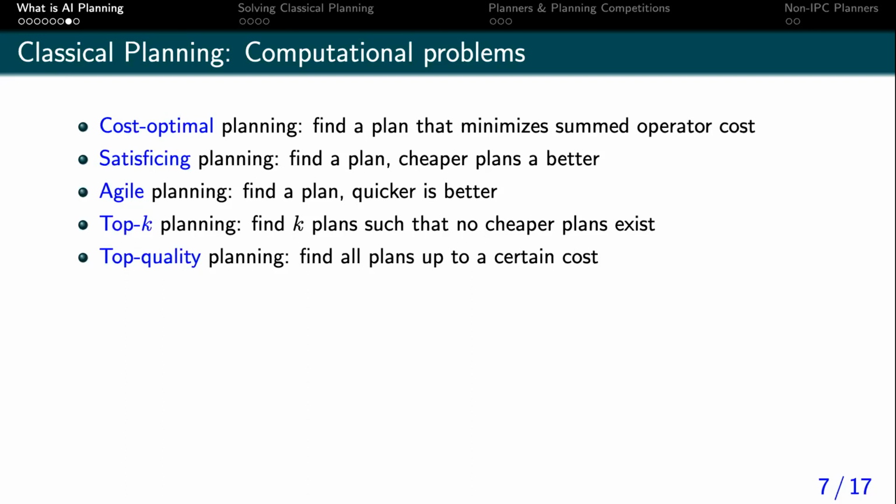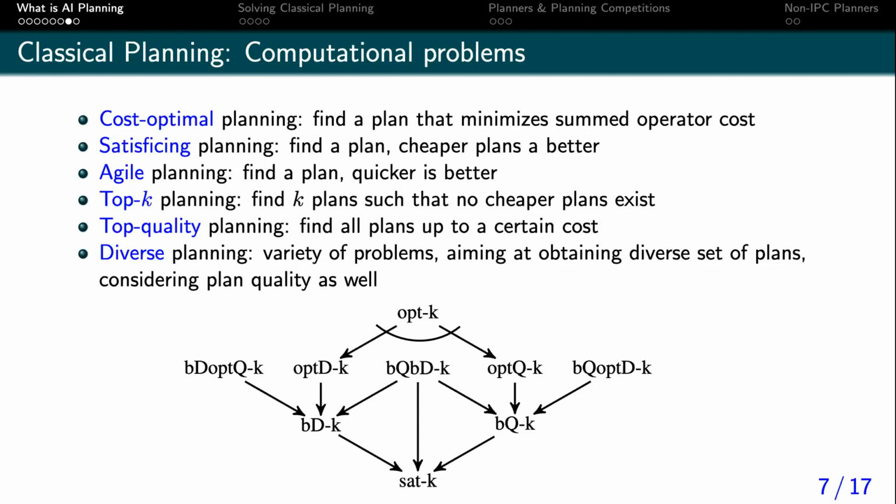In top quality planning, we search for all plans, possibly modeled with some equivalence criteria, up to a certain cost. Diverse planning deals with both plan quality and pairwise diversity, defining a variety of computational problems, considering satisfying bounded or optimal solutions on any of the two axes.